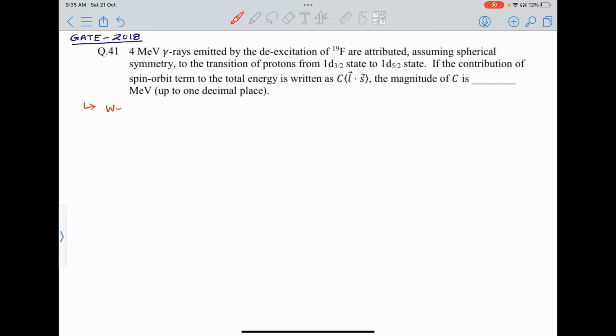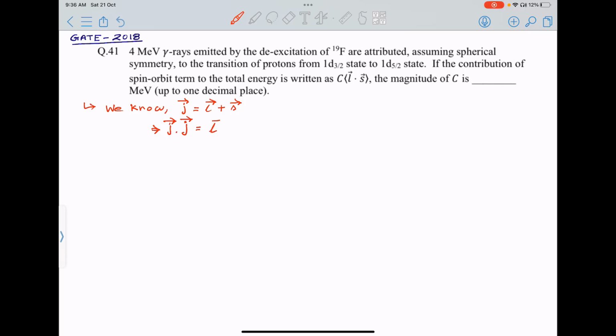So we know that the total angular momentum is the vector sum of orbital angular momentum and spin angular momentum. First let us multiply this expression with itself.